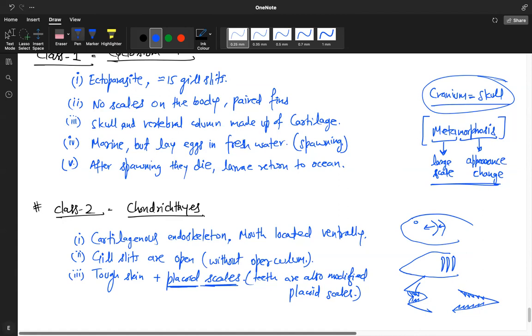So that's why a shark's bite is very, very lethal, because it's like a hacksaw blade bent backwards. Anything that a shark puts a grip on, it's very difficult to get it out. You understand? So teeth are also placoid scales.